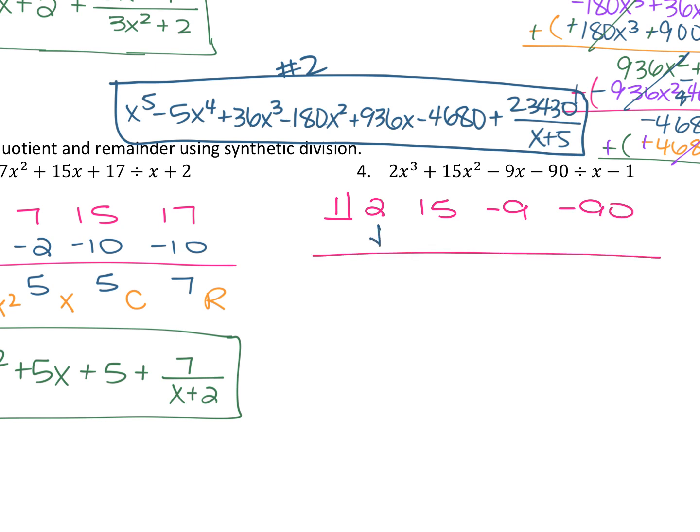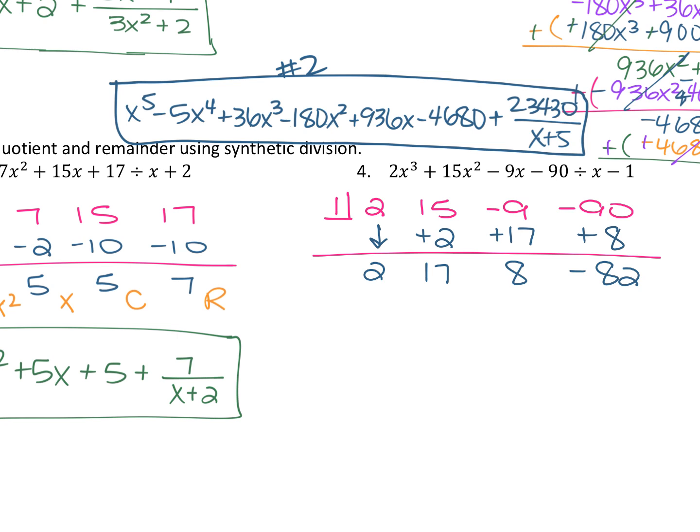Your 2 is going to drop down. 2 times 1 is positive 2, plus 15 is 17, times 1 is positive 17. 17 minus 9 is 8. 8 times 1 is positive 8, and negative 90 plus 8 is a negative 82.